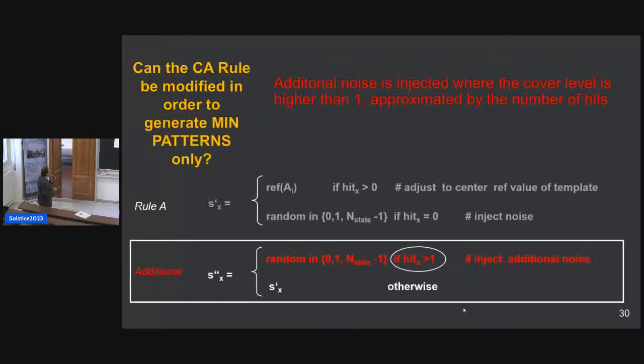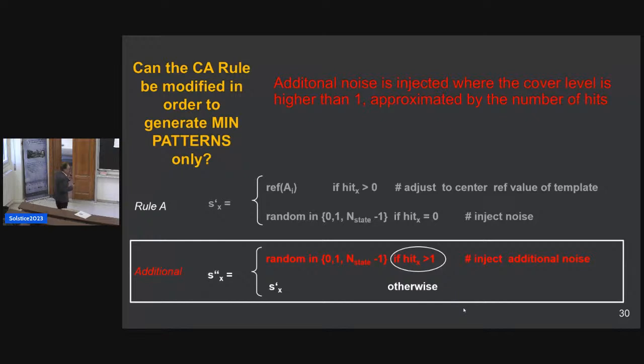Min patterns: if we want to drive the evolution to min patterns with a minimal number of tiles, then you can inject additional noise in the case where the cover level is higher than 1. It is written here.